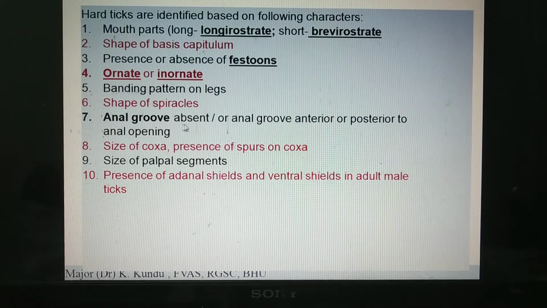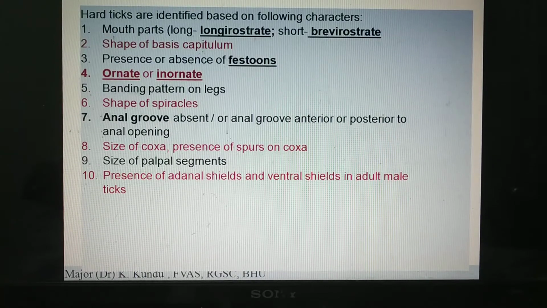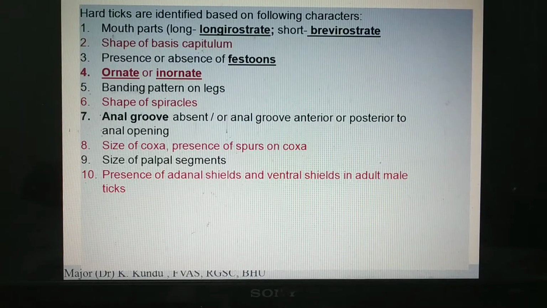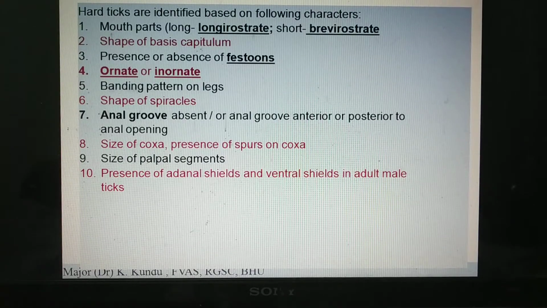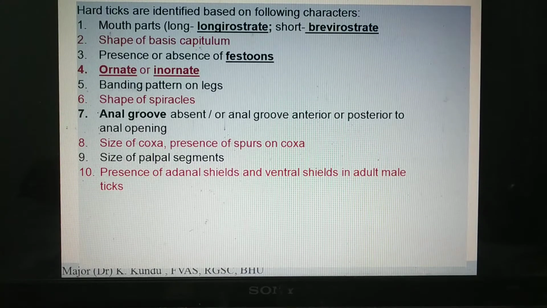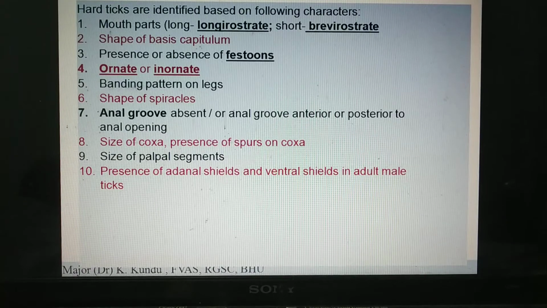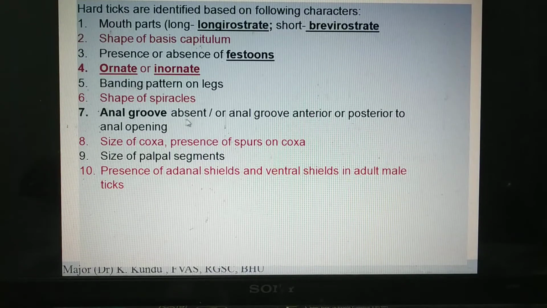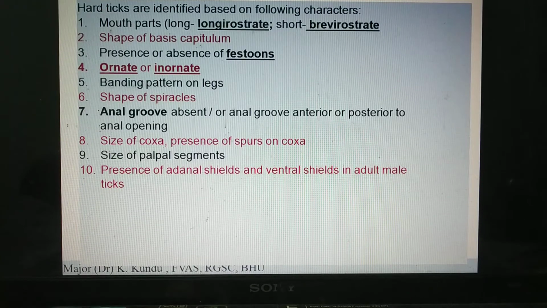And then the anal groove. If you remember, ticks have a median genital pore on the ventral aspect, on the anterior half, whereas the anal opening is on the posterior half of the idiosoma. This anal opening is surrounded by a groove.